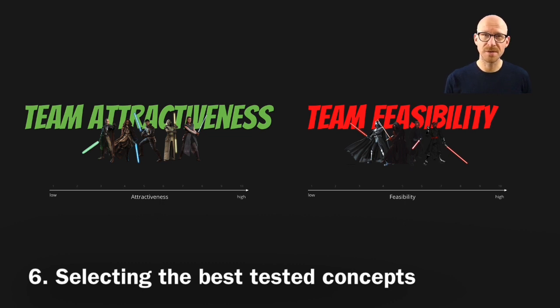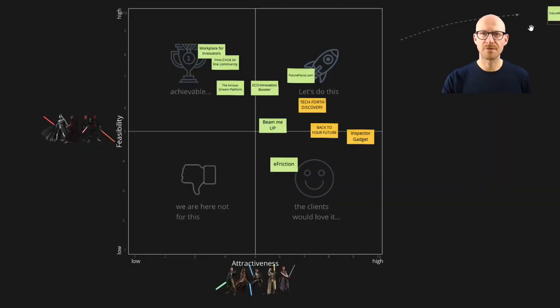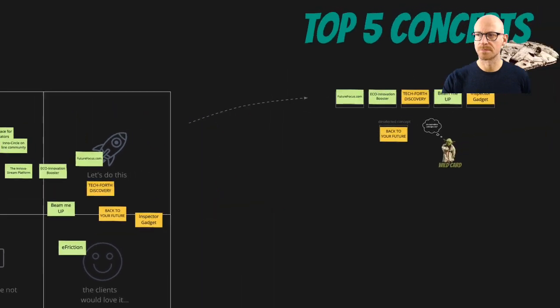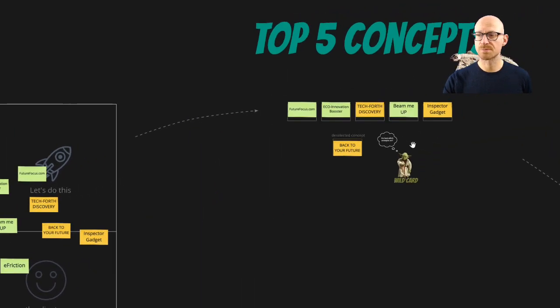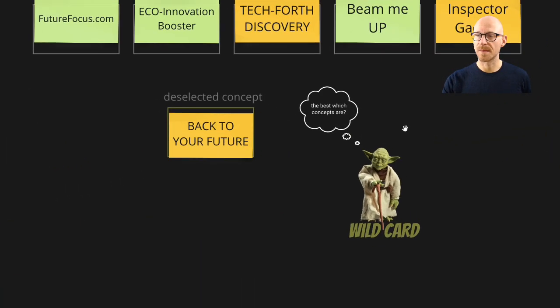In team feasibility are all people with knowledge about production and financials. Both teams assess all concepts according to the innovation assignment, the one only on attractiveness and the other one only on feasibility. The top 5 concepts will be chosen. The project sponsor has, as always here, a wild card.